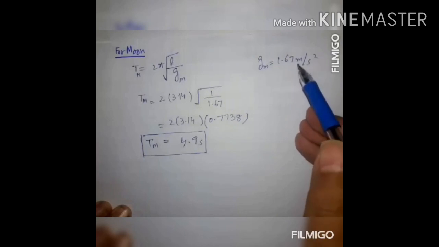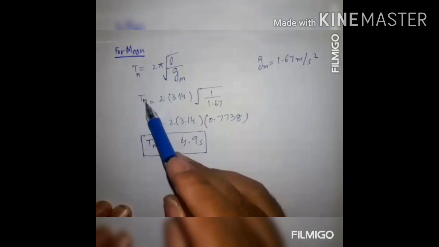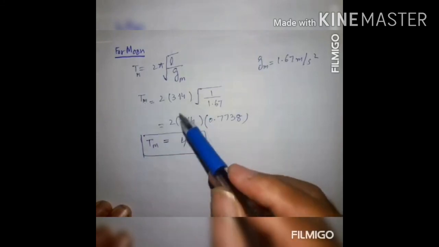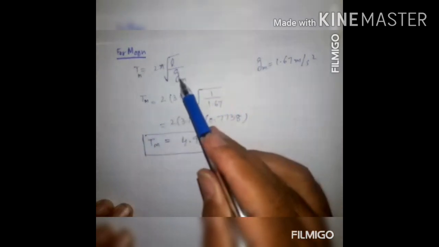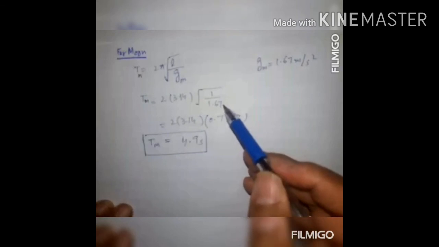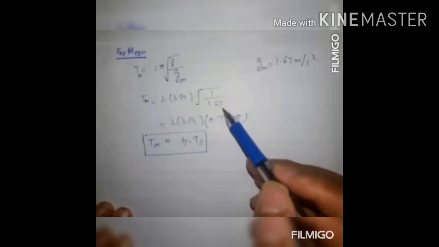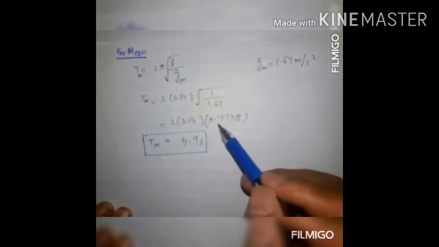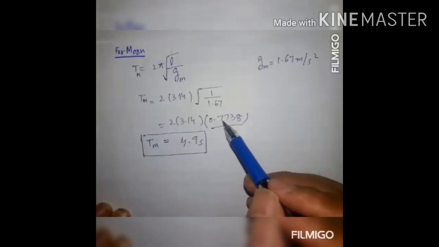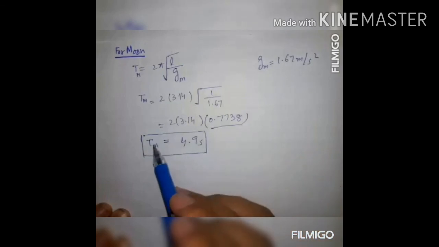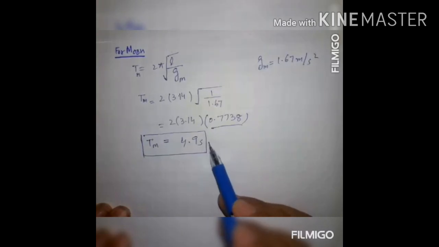By putting this value in the same formula, time period for the Moon will be equal to 2 pi, where pi is equal to 3.14, square root of 1 over 1.67, because gravity at Moon is 1.67. After simplification, square root of 1.67, we will get 0.7738. So by multiplying all these, we will get time period at Moon is equal to 4.9 seconds.